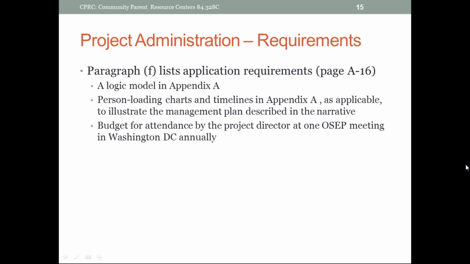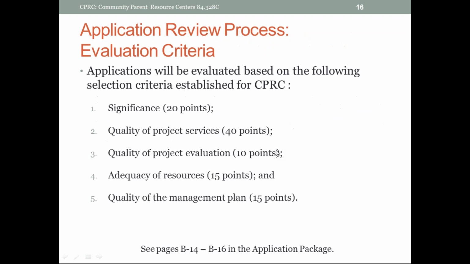It's a very good thing that you budget to attend regional meetings because they're often extremely helpful in carrying out your project, and that could be a source of discussion with your project officer should you be funded in terms of attendance at regional meetings. Let me go on, and I'll try to address these questions as we go on.